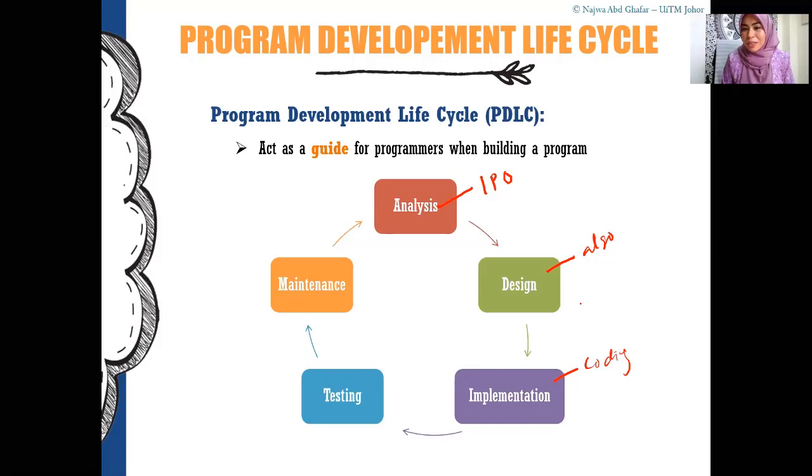Okay, so dah siap coding, apa yang kita nak test? Kita test lah kita punya program yang dah siap. Okay, so maintain, kalau ada apa-apa nak maintain, so kita boleh maintain dekat sini. Kalau contoh ada perubahan lain kena buat, kita kena tengok balik apakah kesalahan yang kita buat balik benda yang sama. Okay, so that is why for every program, selalunya kita akan go through the PDLC.